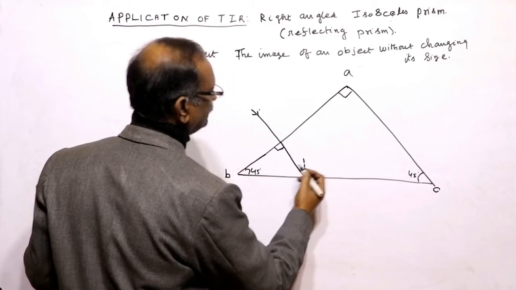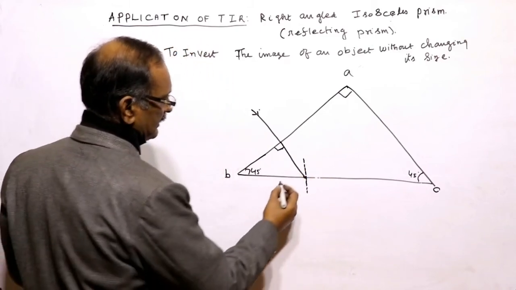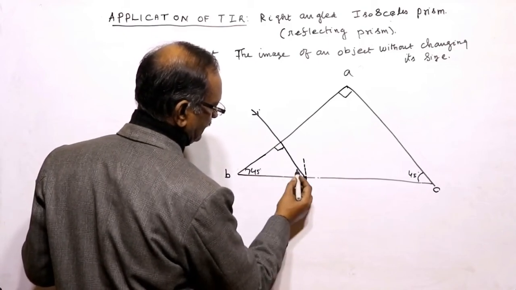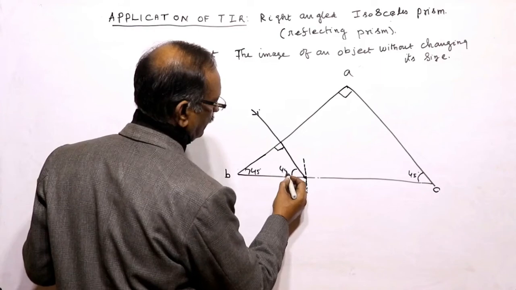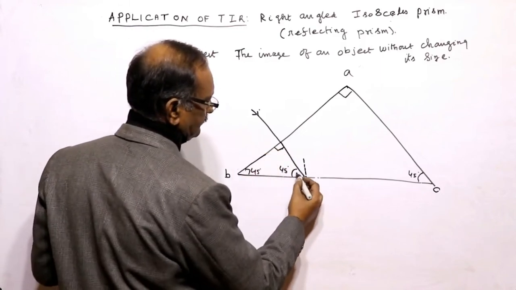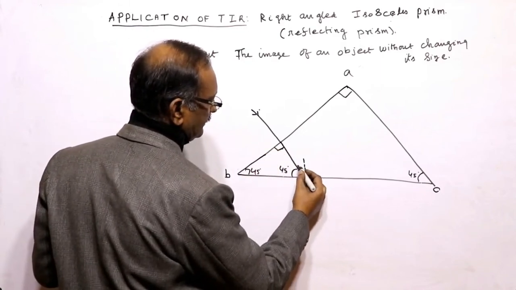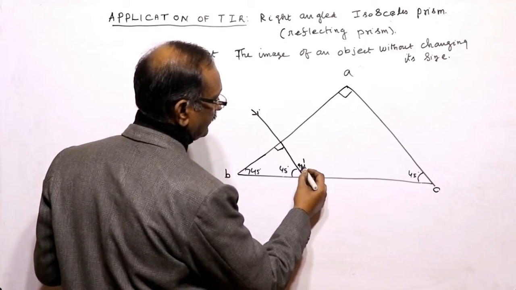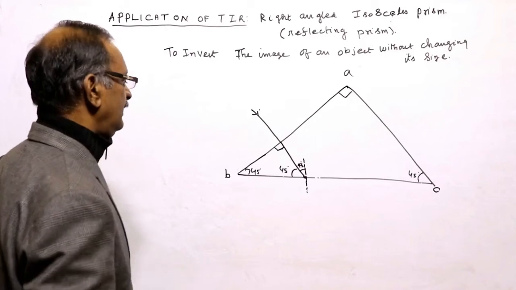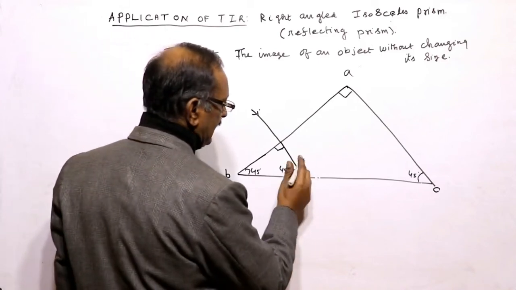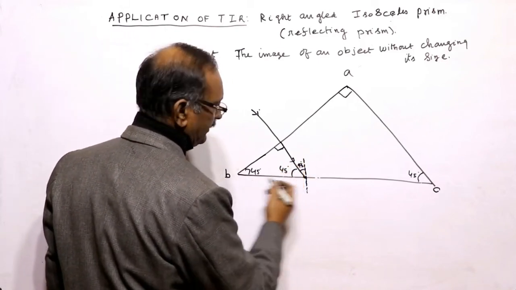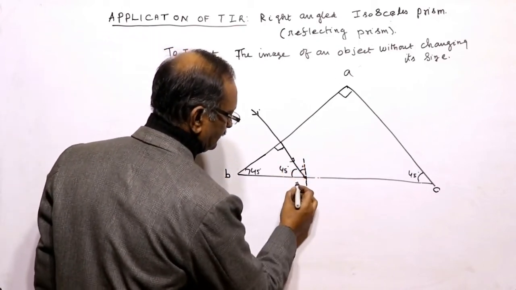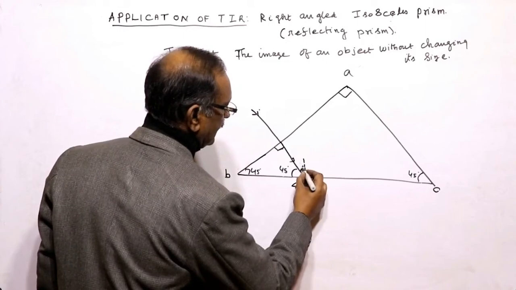Since this is 90 degree and this is 45, this will be 45 degree, and this angle is equal to 90, so obviously this will also be 45 degree. It means the angle of incidence at the face BC is equal to 45 degrees.